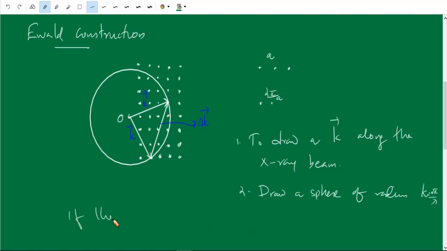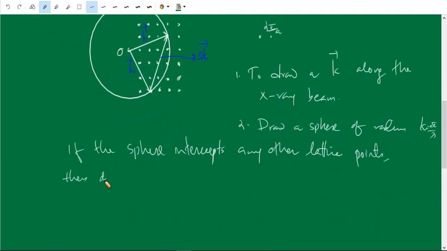If the sphere intercepts any other point, then a diffracted beam will be formed. Here the sphere intercepts at this second point.